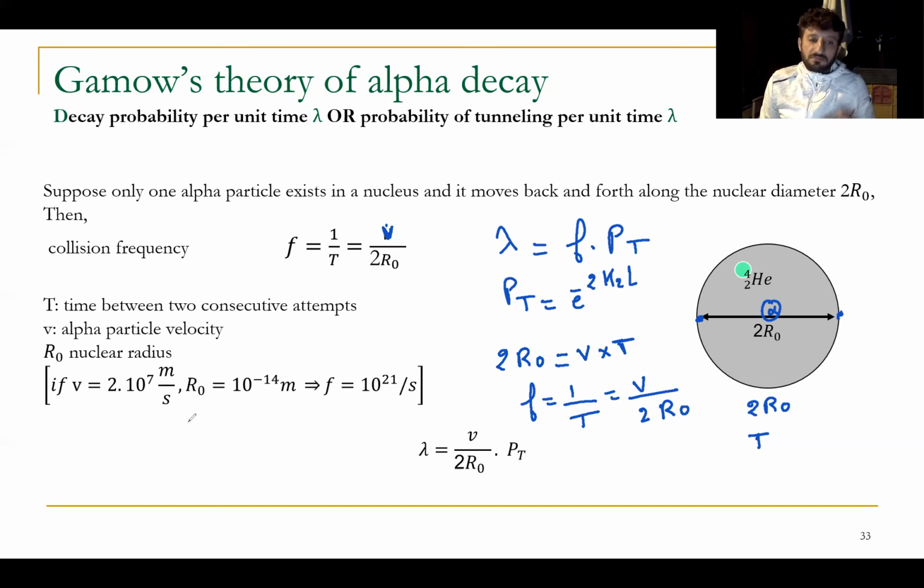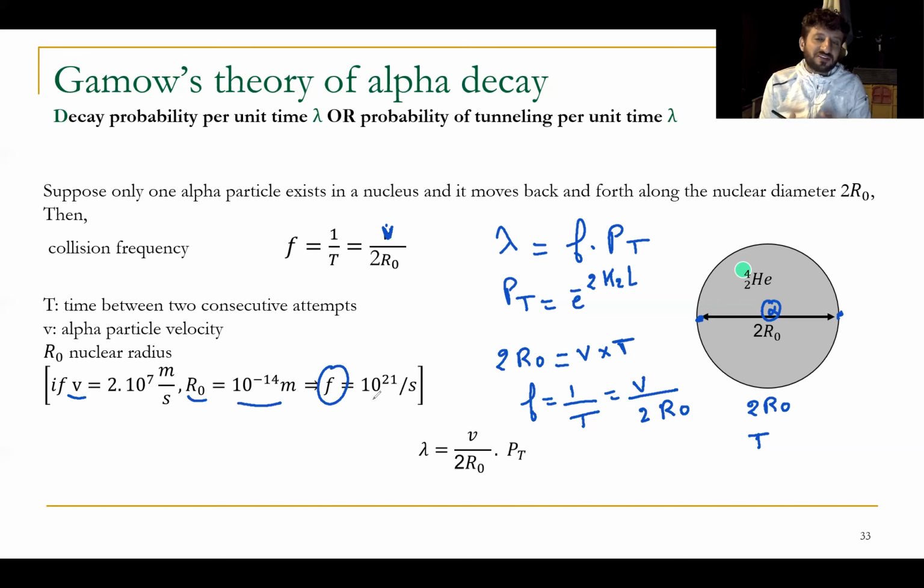For example, if the velocity is about 2 times 10 power 7 m per second and the radius of the nucleus equals 10 power minus 14 m, we get f equals 10 power 21 collisions per second.